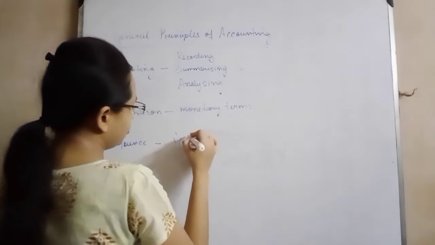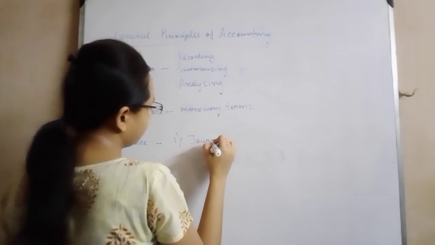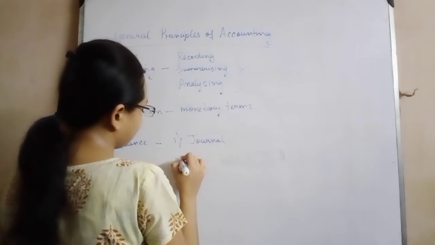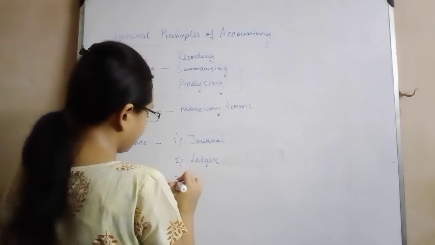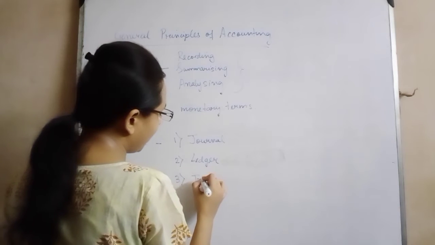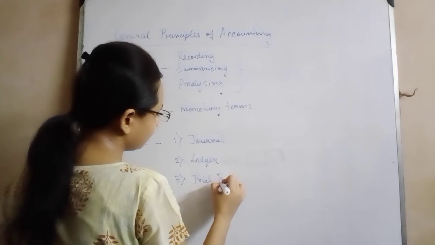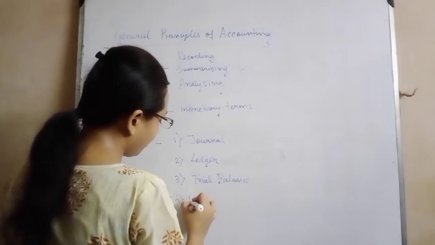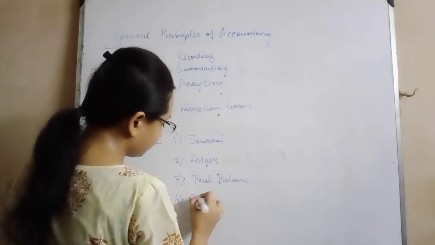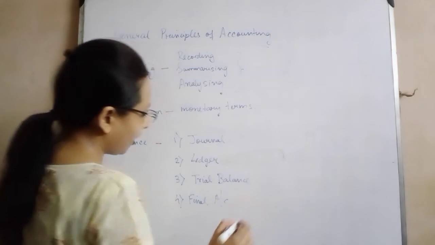First is journal. Next is ledger. Third is trial balance. Fourthly, final accounts.